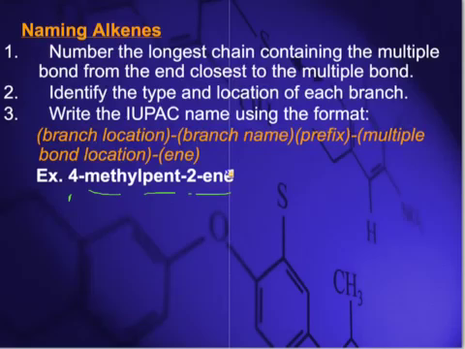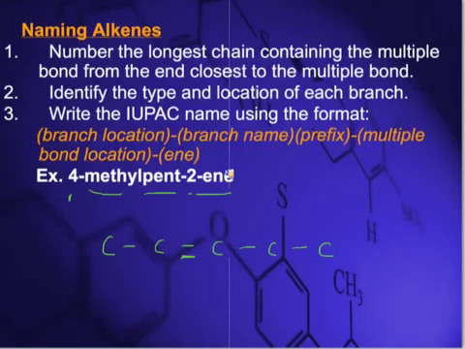So if we were to draw this out, we would draw a main chain of 5 carbons: 1, 2, 3, 4, 5. The double bond is located between carbon 2 and 3. And at position 4, there is a methyl group.